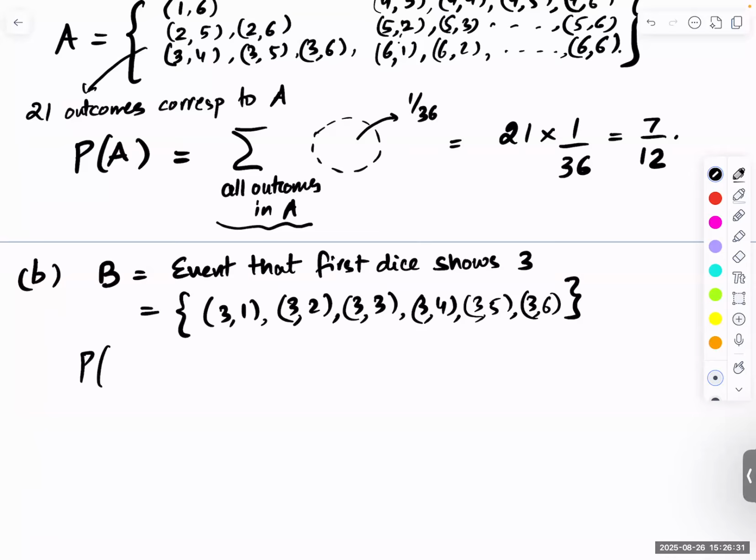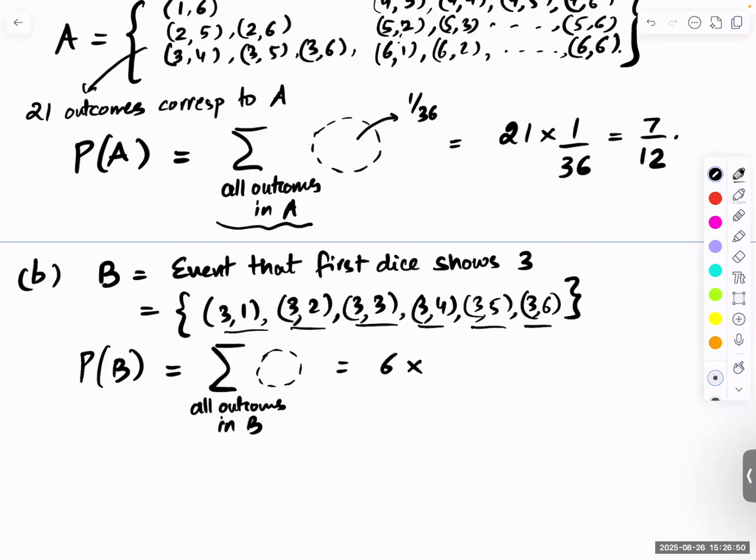Now let's see, what is the probability of B? Probability of B is the sum of the probabilities of every outcome in B. How many outcomes are in B? 1, 2, 3, 4, 5, 6. 6 outcomes. Each outcome is equally likely, with probability 1 by 36. So I get 1 by 6. Okay.